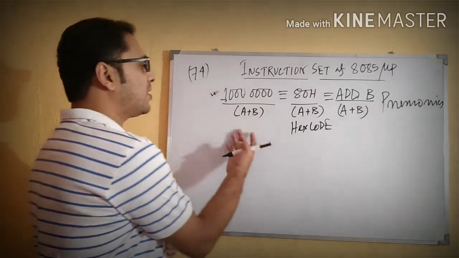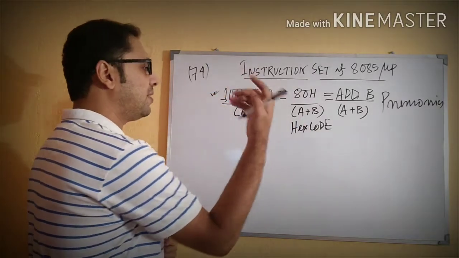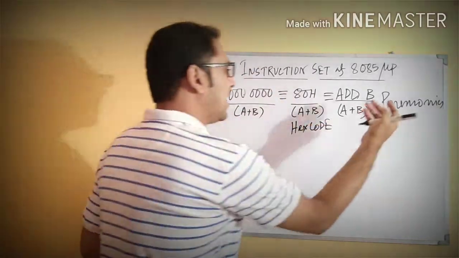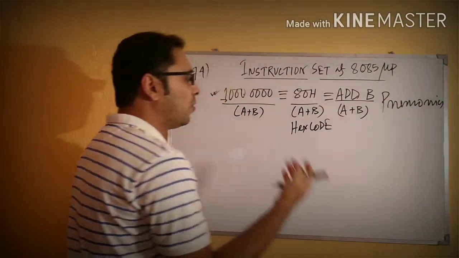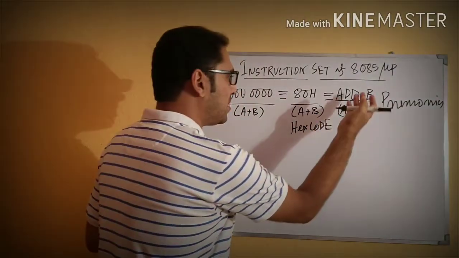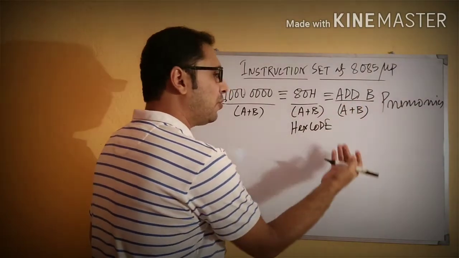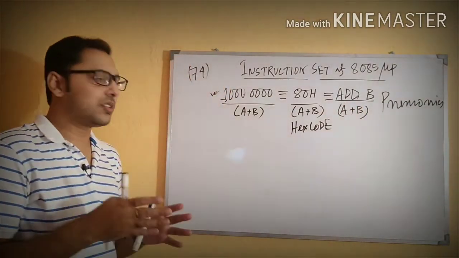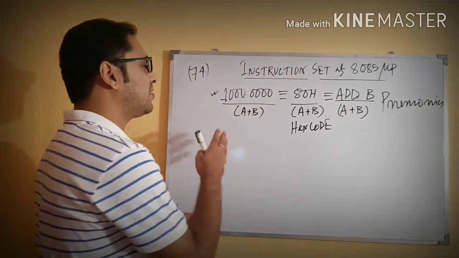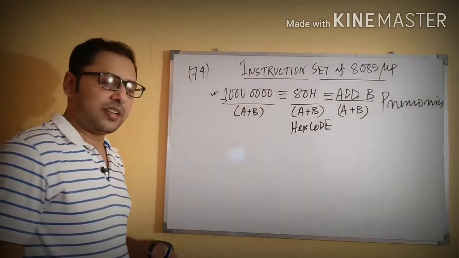So this is machine language programming, this is hexadecimal programming or hex code programming, and this is assembly language programming. Remember, whenever we write a program using mnemonics, that means using English-like words, that program is called assembly language programming. So here in this discussion, ADD B is an instruction.